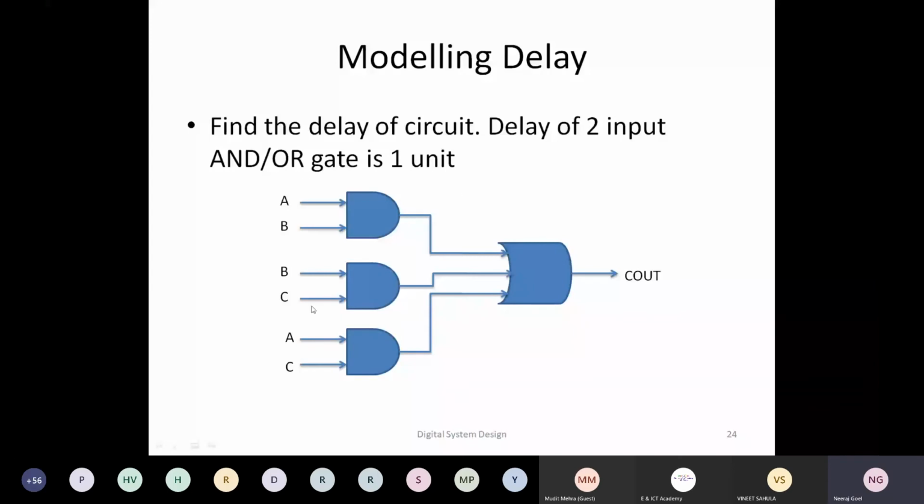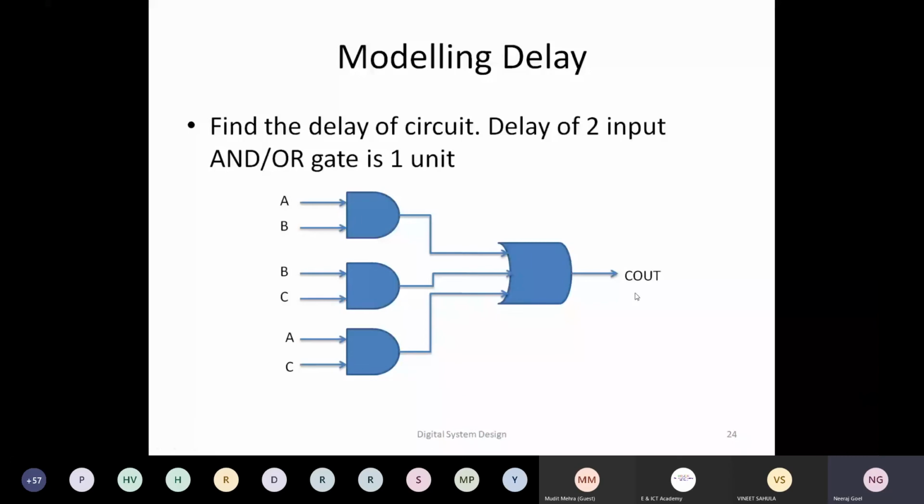What is the delay of this circuit? How much is the maximum latency? Let me rephrase the question. Let's say my inputs A, B, C, all of them are available at 0 time. At what time can we expect the C out to be available in the worst case? What is the maximum time after which C out would be available?